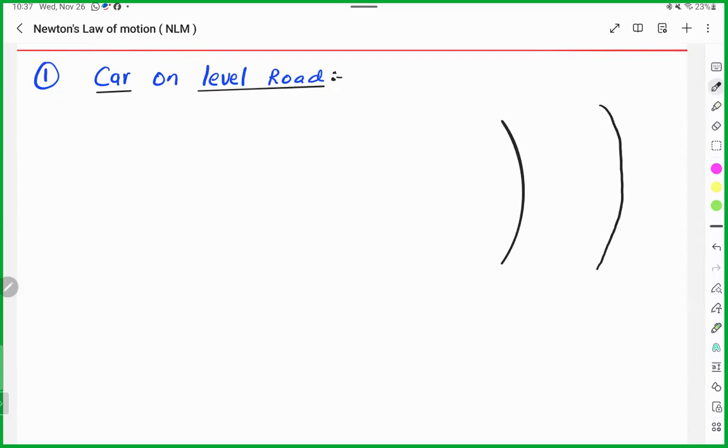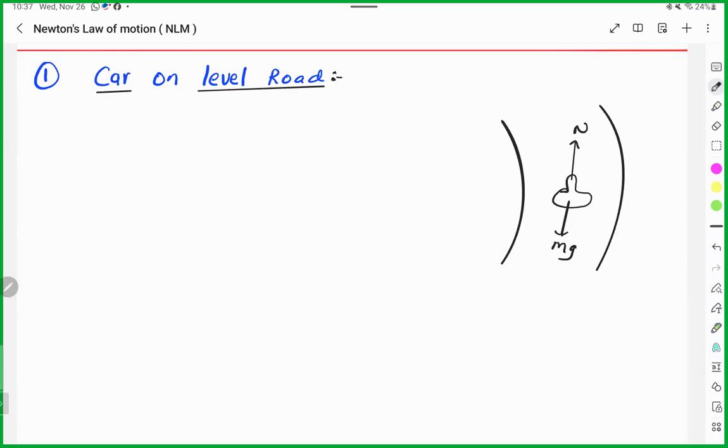Example, you have a level road. In this level road, your car is moving. I cannot show in 3D, but in the downward direction of the car, mg is acting. In the upward direction, normal is acting.